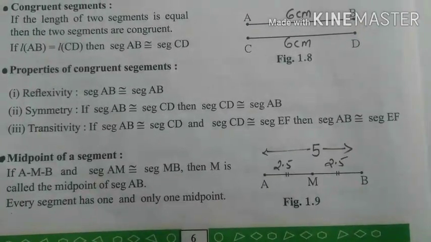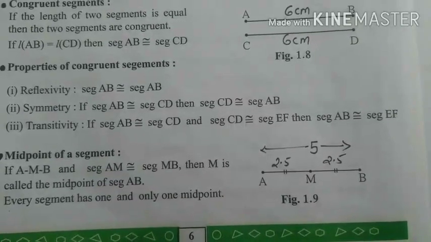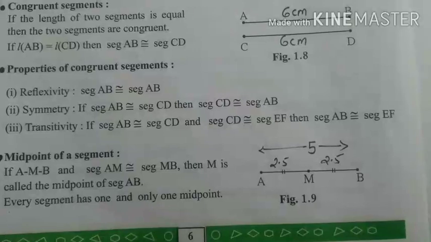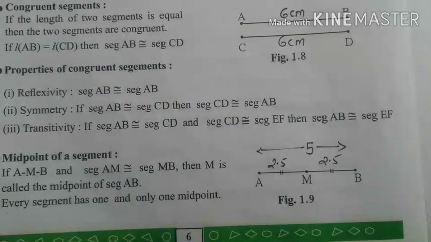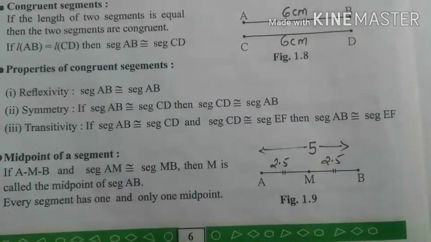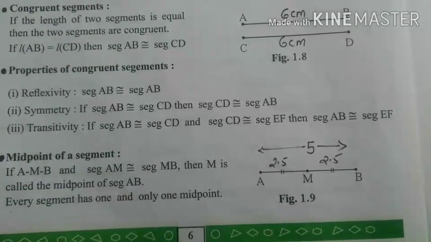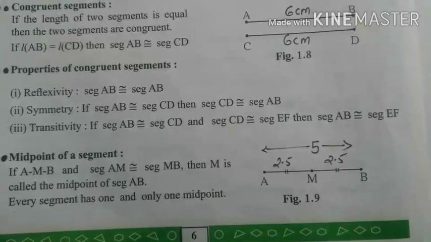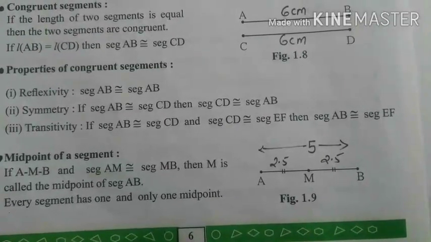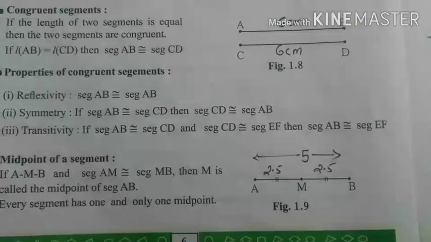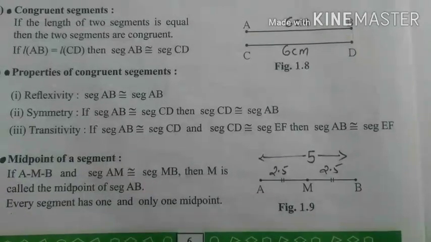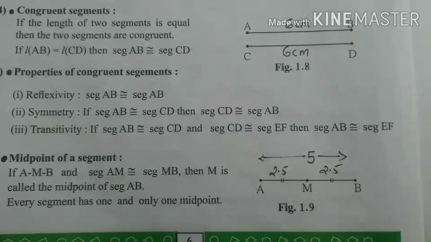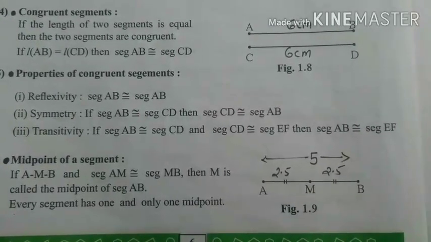Next point is properties of congruent segments. There are three properties of congruent segments. First is reflexivity. Segment AB is congruent to segment AB. Means every segment is congruent to itself. Second, symmetry. If segment AB is congruent to segment CD, then segment CD is also congruent to segment AB, means they both are congruent to each other.